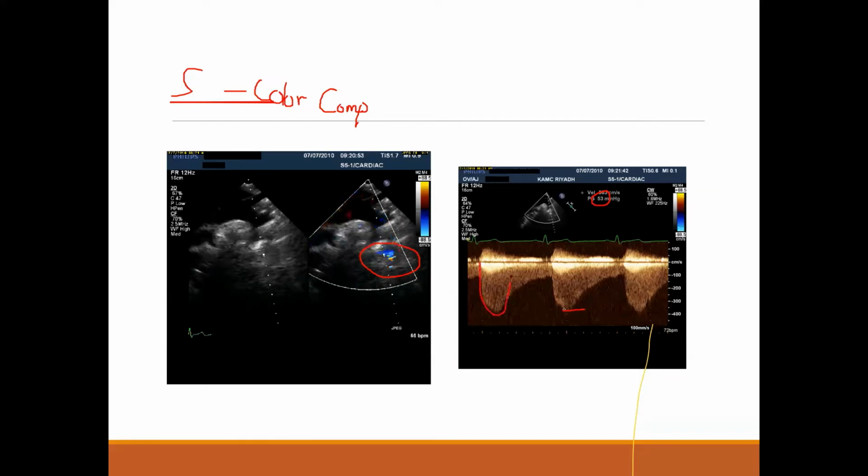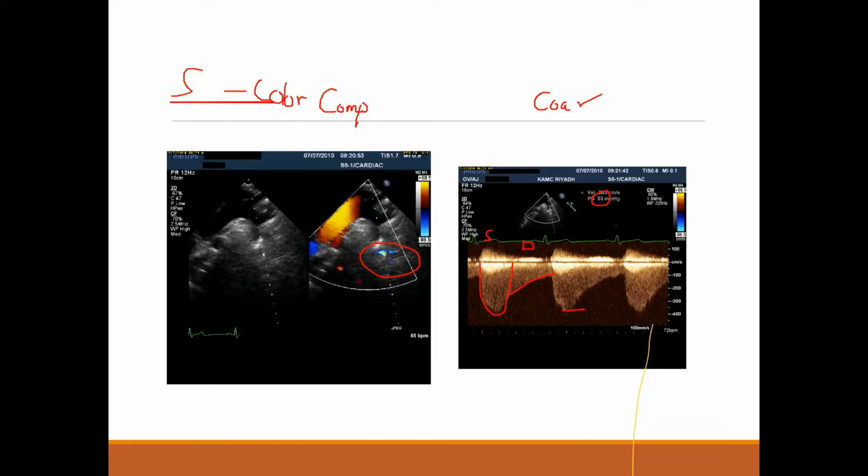If it's like this, I might say there is also a diastolic gradient. So what am I seeing here? What I am seeing here is systolic and diastolic flow in the same direction. So both are forward flow. So we have systolic and diastolic forward flow, and this is coarctation.